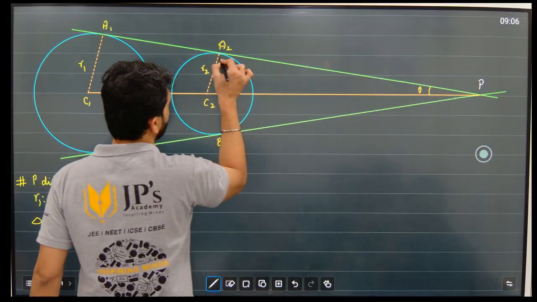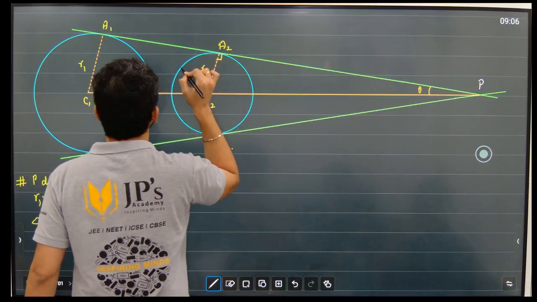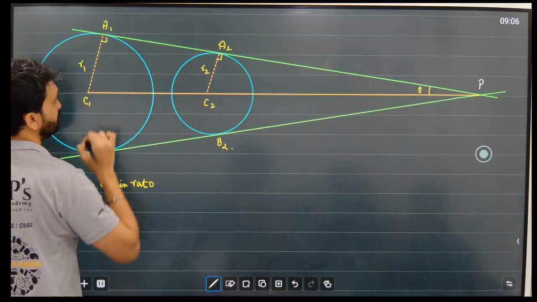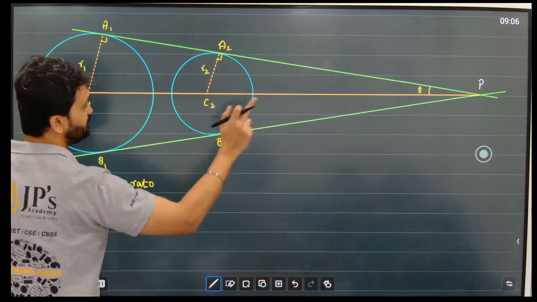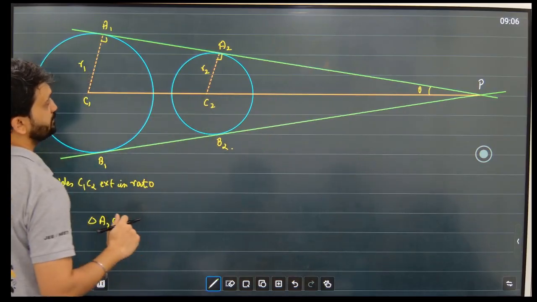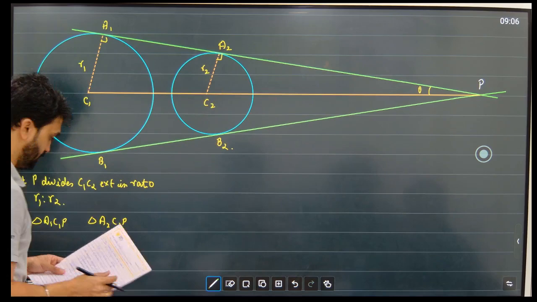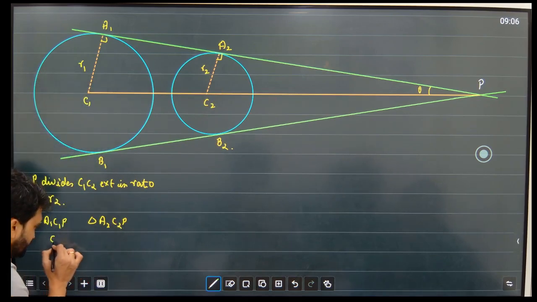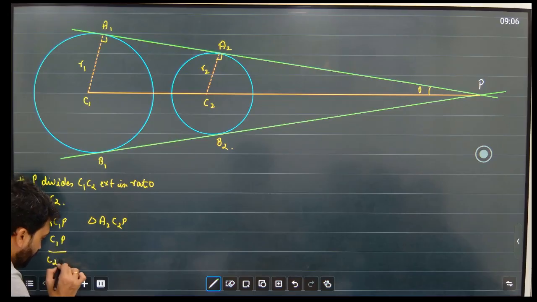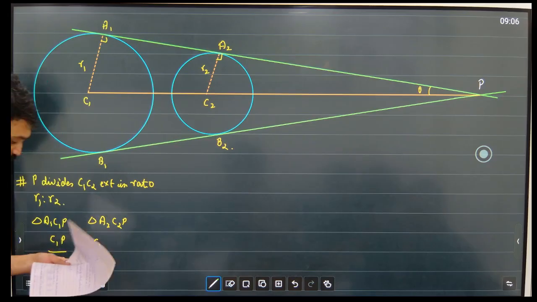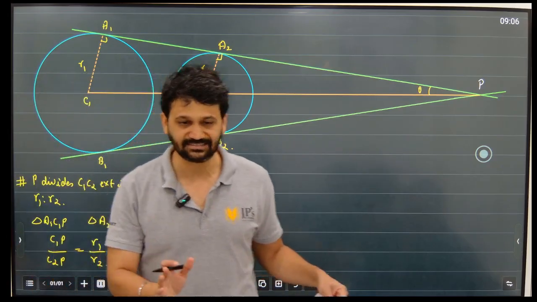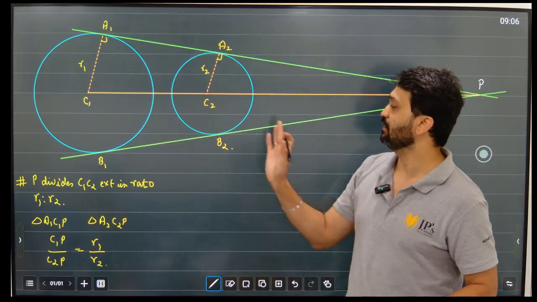If you remember, it's a tangent, which is 90 degrees. So C1P upon C2P is equal to R1 upon R2. And this is what we have written, that it divides externally in the ratio R1 is to R2.